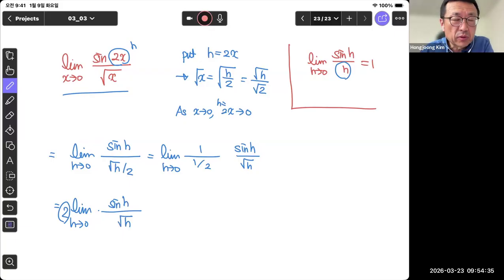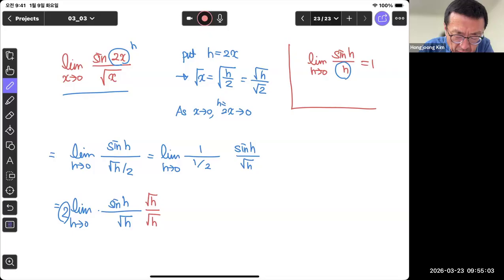I do not know this result. What I know is that the limit of sine h over h goes to 1. So to make h in the denominator, let me multiply by square root of h in the denominator. Then I need one more square root of h in the numerator to get the equality.